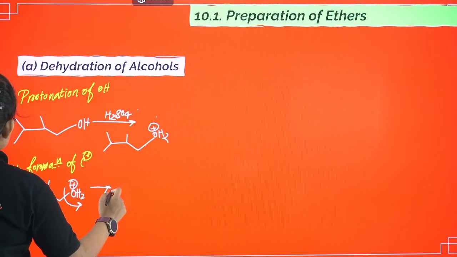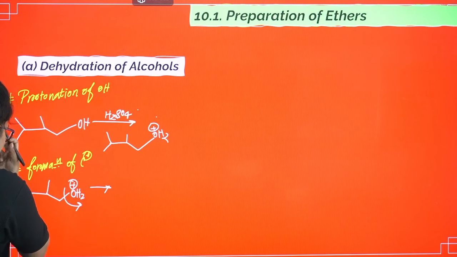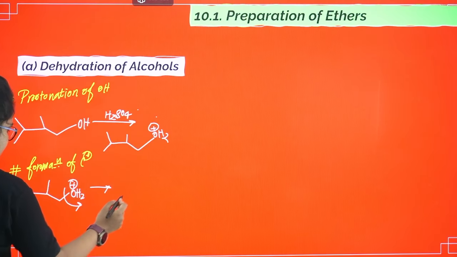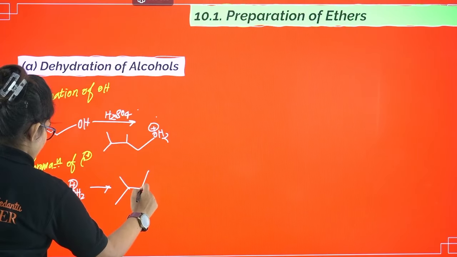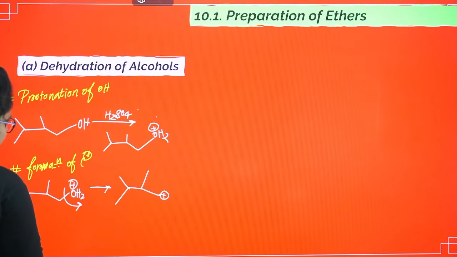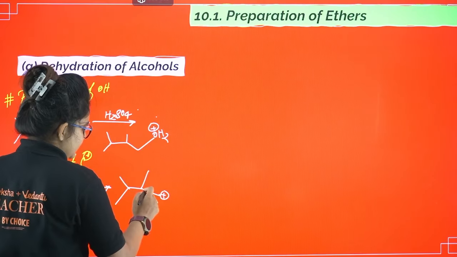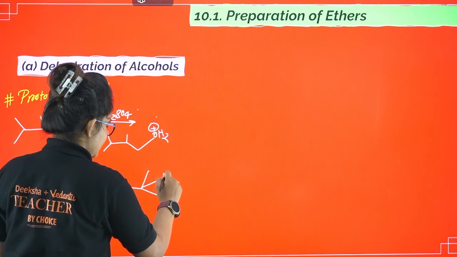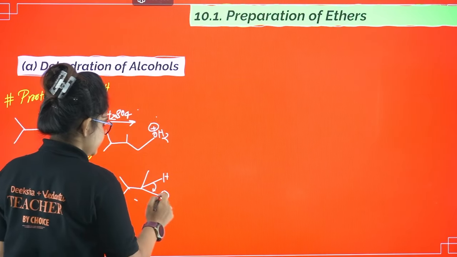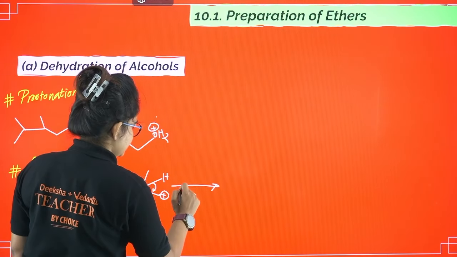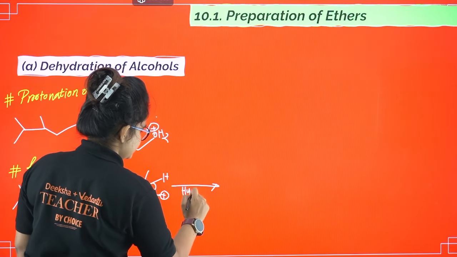Here you can see you will get the carbocation on this carbon, right? But now if this carbocation comes here, it will be more stable. Here I am having one hydrogen, so this hydrogen will jump here and the carbocation will be shifted. This is a hydride shift.